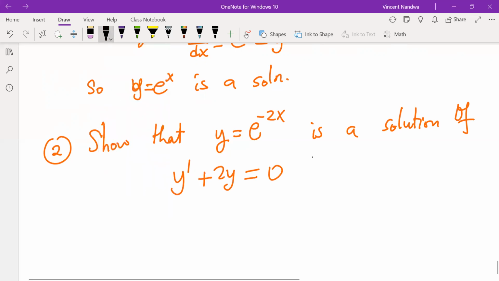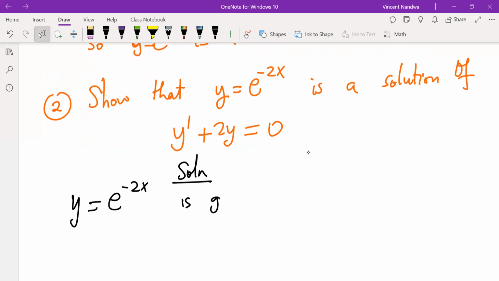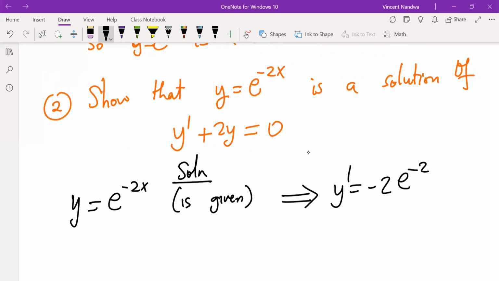To solve this, we have y equals e raised to the power minus 2x is given. So y prime, differentiating this function by chain rule, we get negative 2 e raised to the power negative 2x.